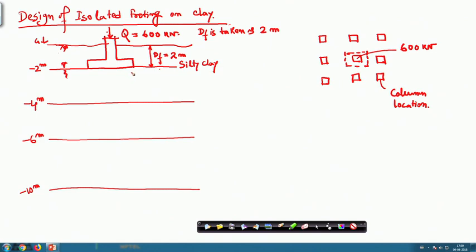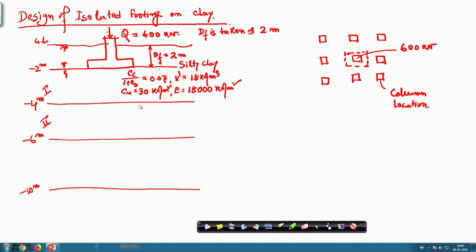So, the properties are given: Cc/(1+e0) is 0.07, the unit weight is 18 kilonewton per meter cube, the Cu value is given as 30 kilonewton per meter square, and the elastic modulus of the soil E is 18,000 kilonewton per meter square. This is for layer 1.